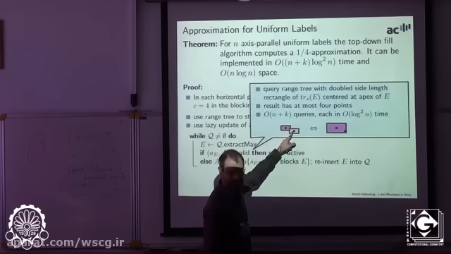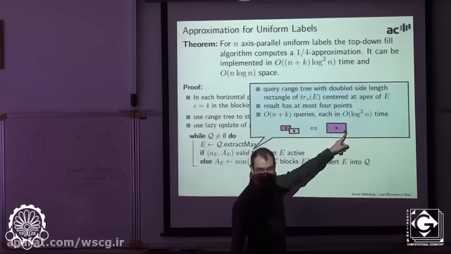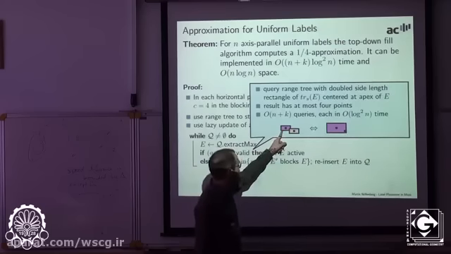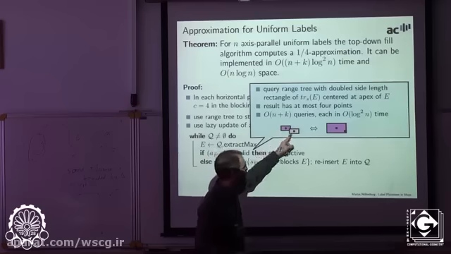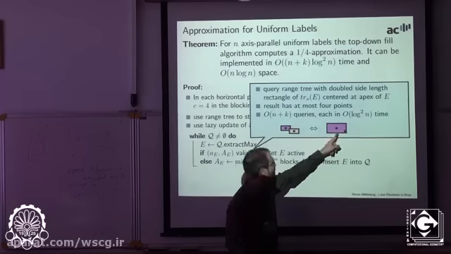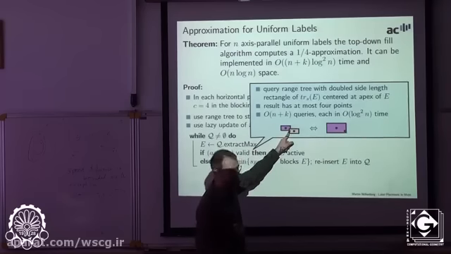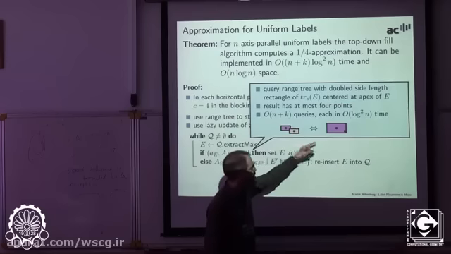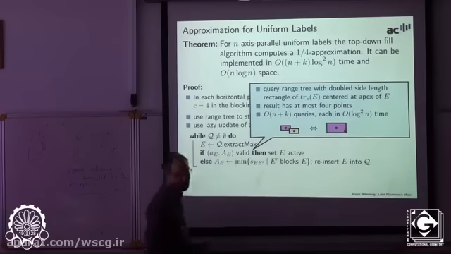You see they cannot be placed together, they intersect. In order to find out, from the ground point, we take a rectangle that has twice the side length of the label that we want to place and do a query in the range tree. And if the tip of the pyramid is contained here, you know that the distance is so close that up here they will intersect. And if it's outside, we're happy. Okay?